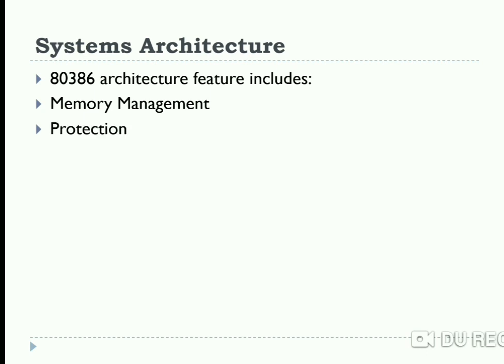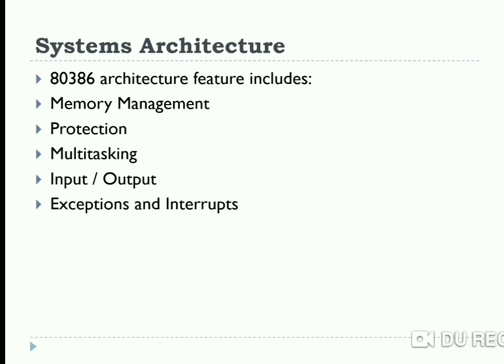Then next is protection. Then how multitasking occurs in the 80386. This is one of the best features of the 80386. Input output is just about the method of addressing IO ports and the IO operations.